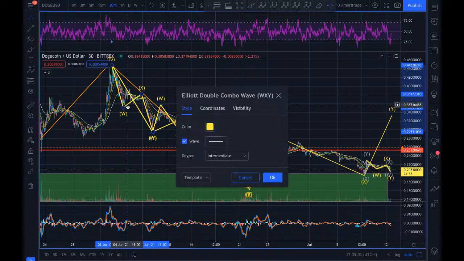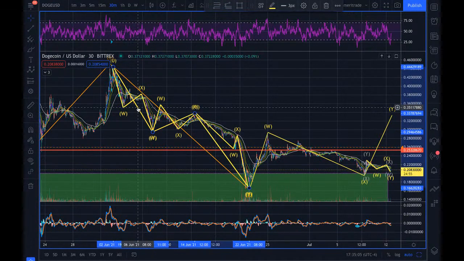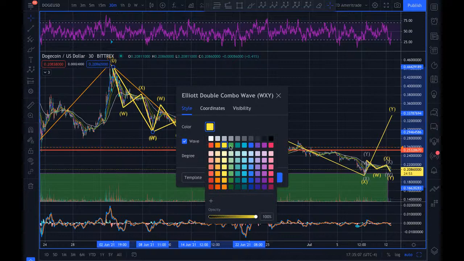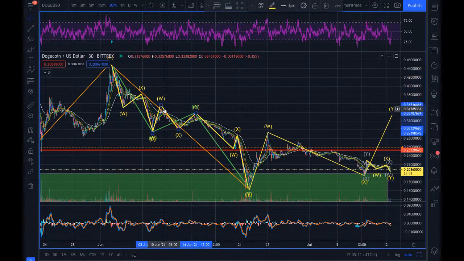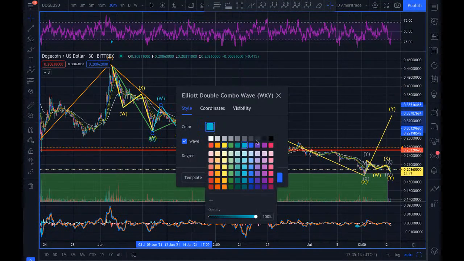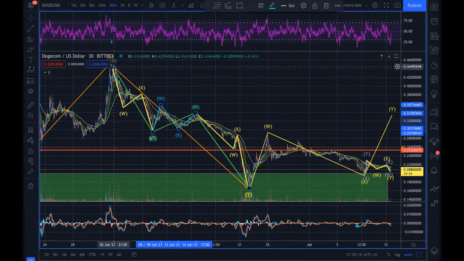These are subwaves of... I'll try to change the color so that you can see the difference. Okay, so this one coming down is 1 wave, and it's got 3 subwaves.